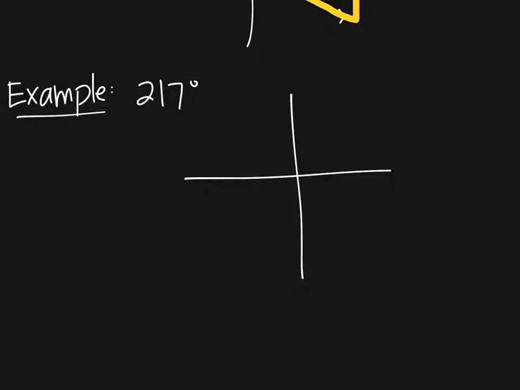What are the quadrants? 1, 2, 3, 4. So 217 is going to be in quadrant 3, because we know where 225 is. Danny helped us out with that. So 217, you're not going to be far off. We'll estimate 217.